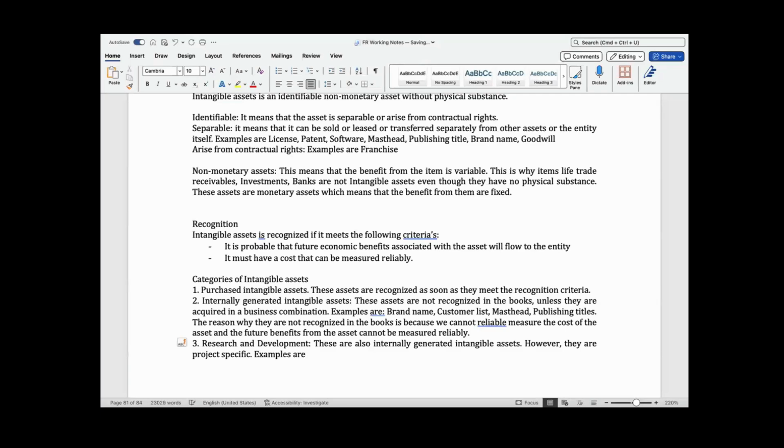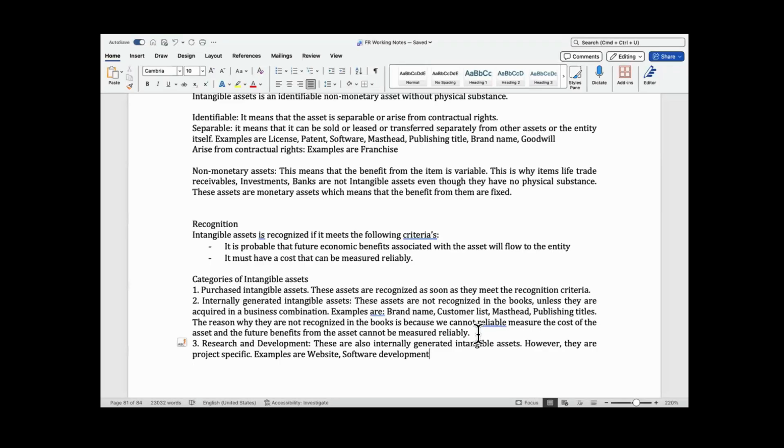Examples are a company's website, or you're doing software development in-house, or any project that you're working on internally, or you're developing an app within your organization. So these are internally generated intangibles. These are research and development.